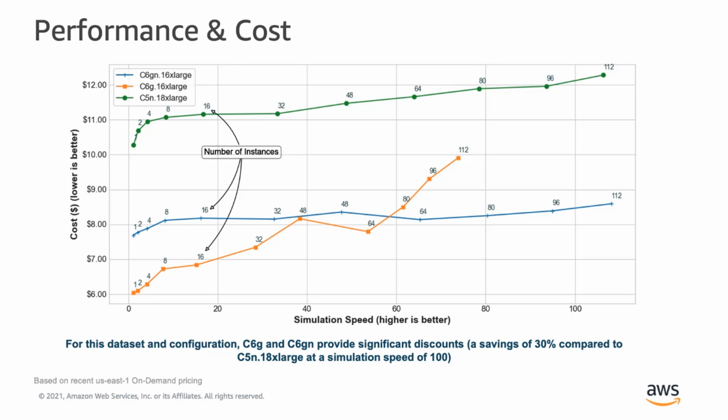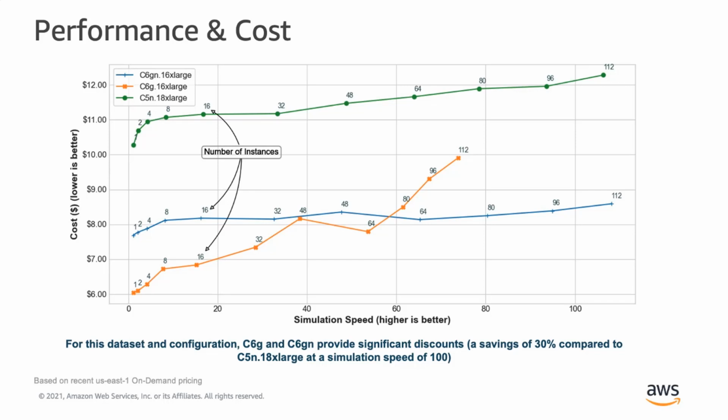Now, the orange line here, remember we saw this before, where for smaller instance counts, we didn't necessarily need all of the power of the C6GN. You can see if I only need a simulation speed of maybe 20, that's maybe enough for the use case I have in mind. I could do that cheaper using the C6G.